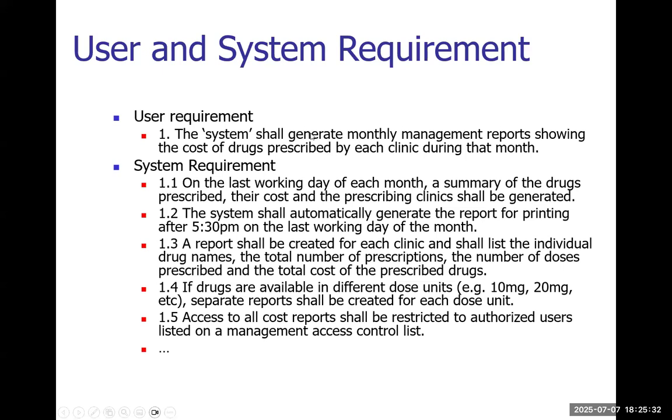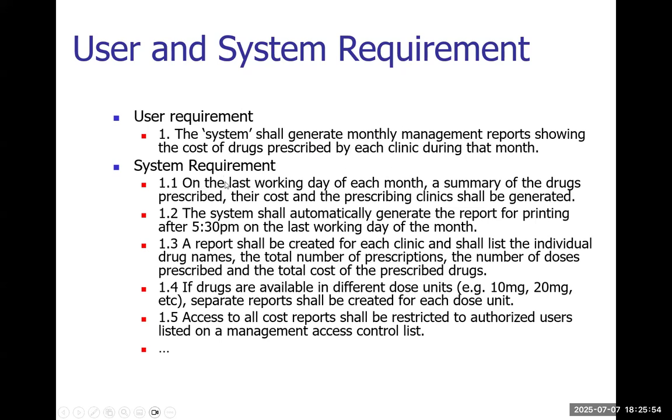The user just has this general requirement. However, just by reading it, you can see that a lot of things are not clear. The system should generate it, but when should the system generate it?